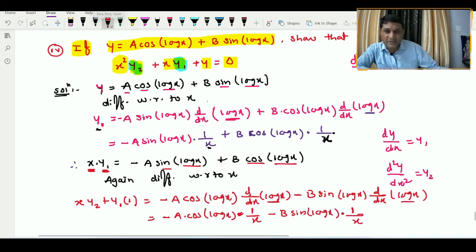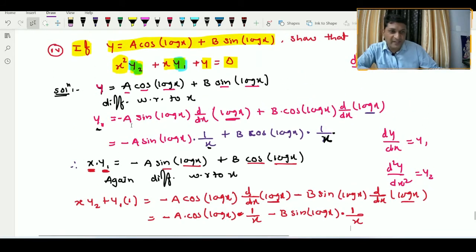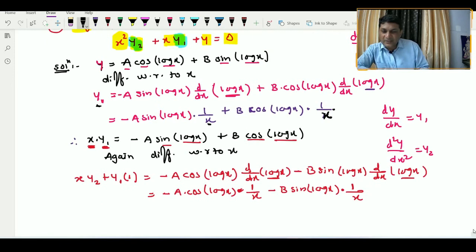I am simply multiplying both sides by x. Let us see what we'll get here. First multiply the left hand side by x. So here we'll get x square y2 plus, if I am multiplying here by x, x y1. And on this side, this x will get eliminated, meaning the remaining term is minus, taking minus common from both terms.